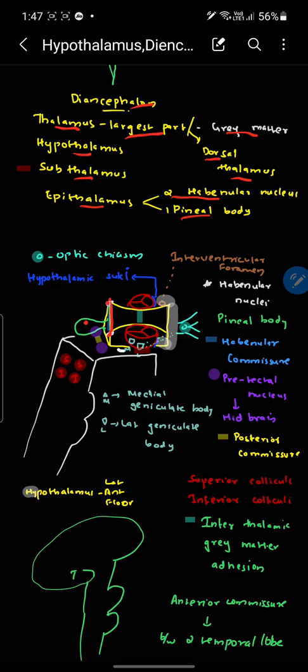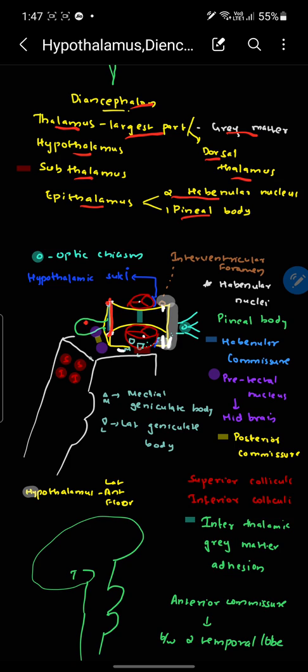On the floor it is midbrain, and on either side you can see the thalamus. The third ventricle extends more anteriorly, and on the floor of the third ventricle and on the lateral part of the third ventricle, you have the hypothalamus.